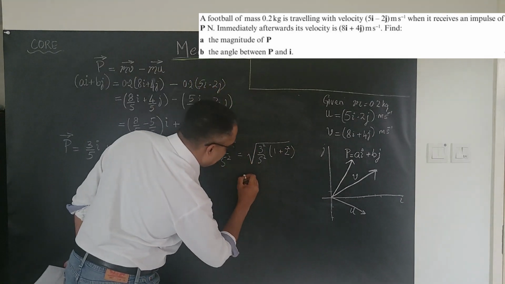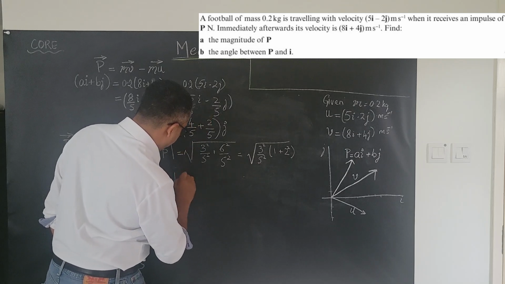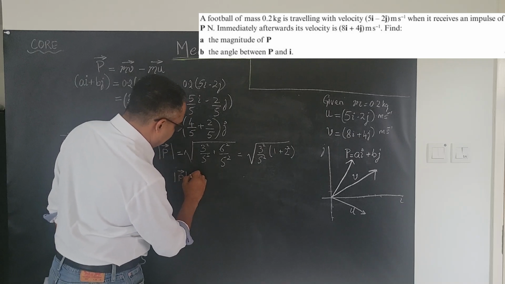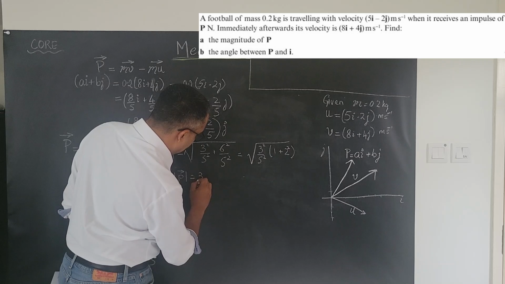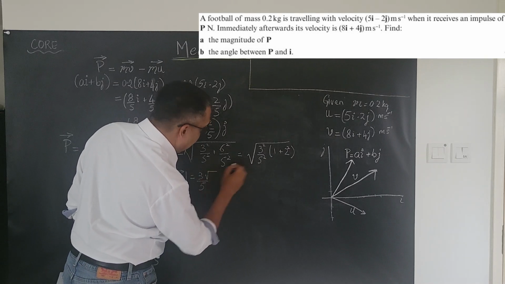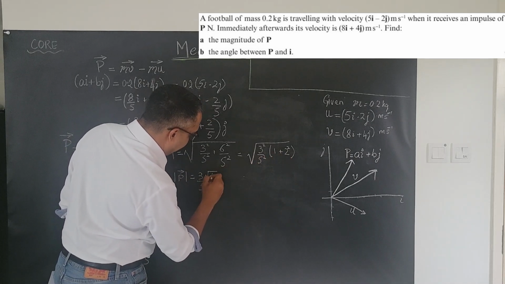These two come out, and I can write magnitude of P, magnitude of impulse, is equal to 3 by 5 times root of 4 plus 1, root 5.